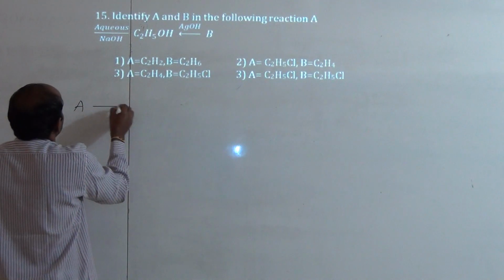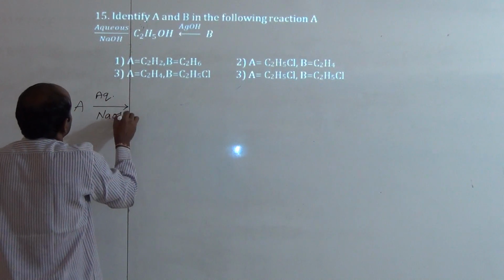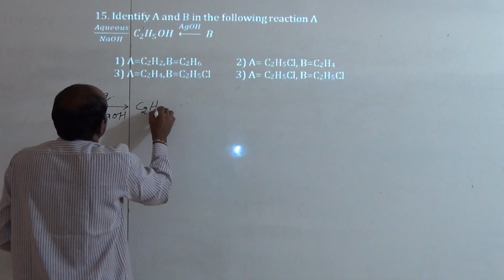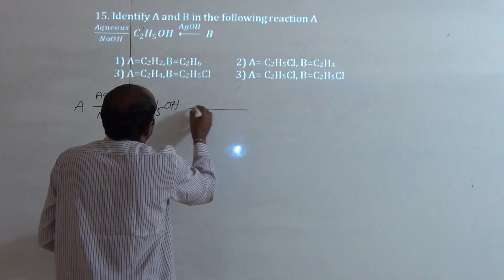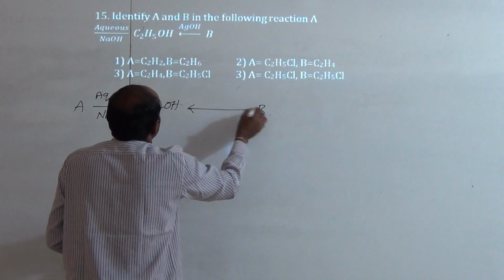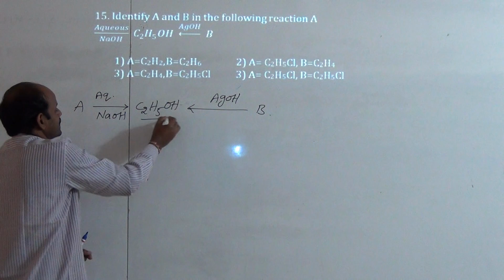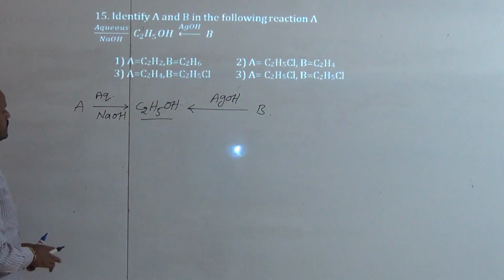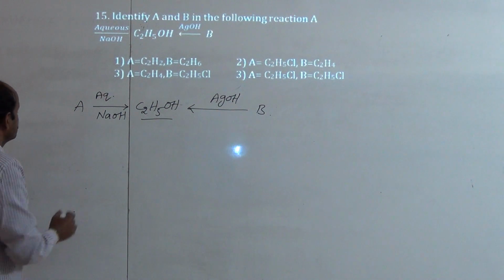A is aqueous NaOH, giving C2H5OH. And B, if you take B, which reacts with the AgOH, it also gives C2H5OH. Then what are A and B? Only we have discussed here.